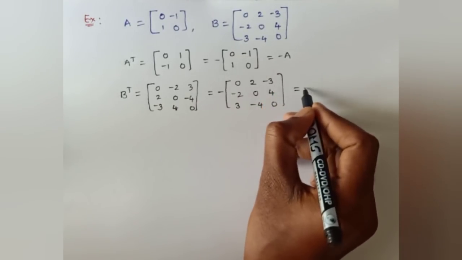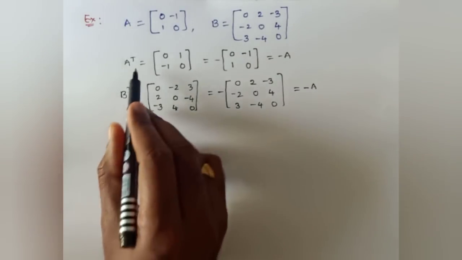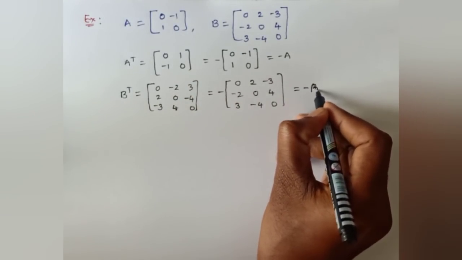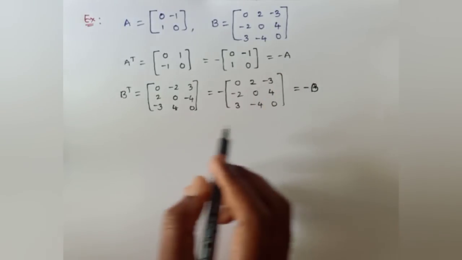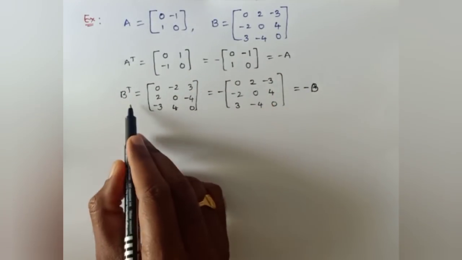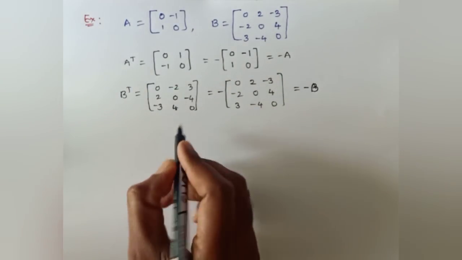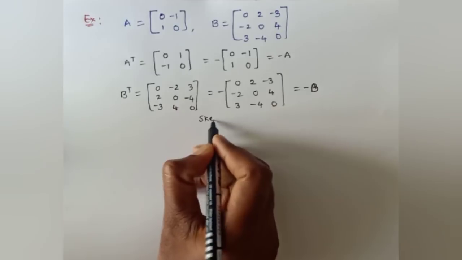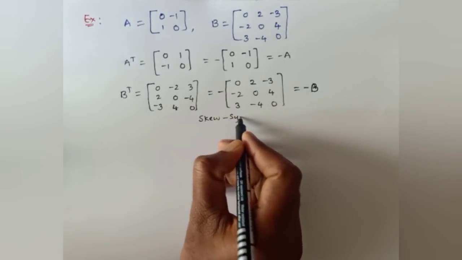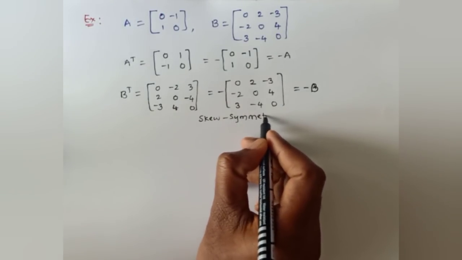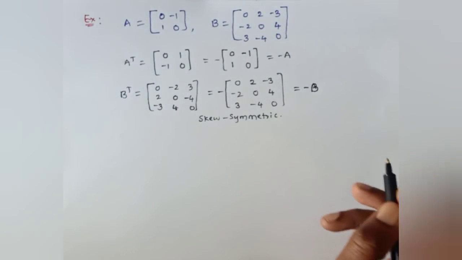Again this is minus of B. So A transpose is minus A and B transpose is minus B. Therefore, both A and B are skew symmetric matrices.